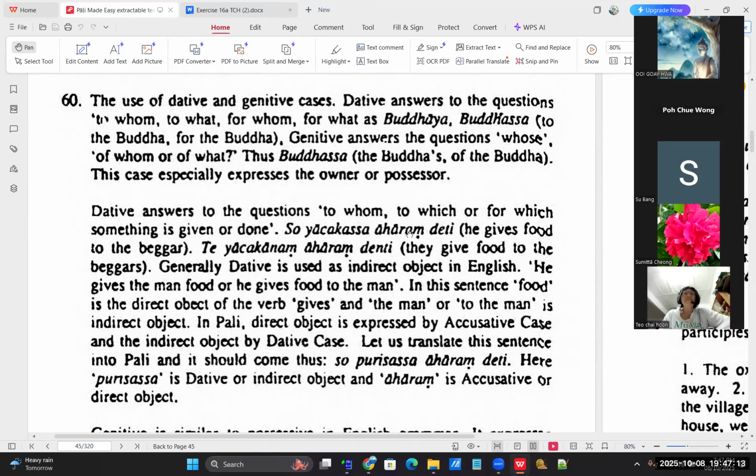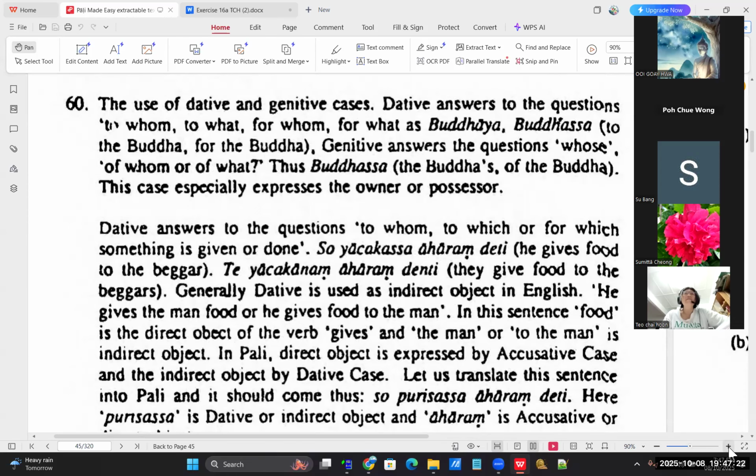Yachakasa aharam deti. Aharam is food. Deti is gives. So he gives food. Instead of genitive, it will be to the beggar. Right? So when we look at here, actually there are two objects. So he is the subject.